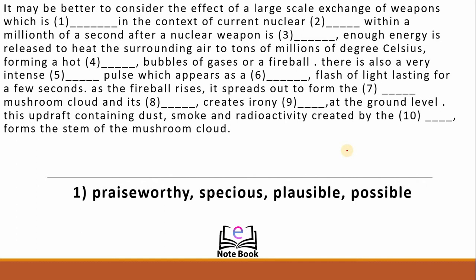There is also a very intense dash, pulse which appears as a dash. Flash of light lasting for a few seconds. As the fireball rises, it spreads out to form the dash, mushroom cloud, and its dash. Creates irony dash at the ground level. This updraft containing dust, smoke, and radioactivity created by the dash forms the stem of the mushroom cloud.